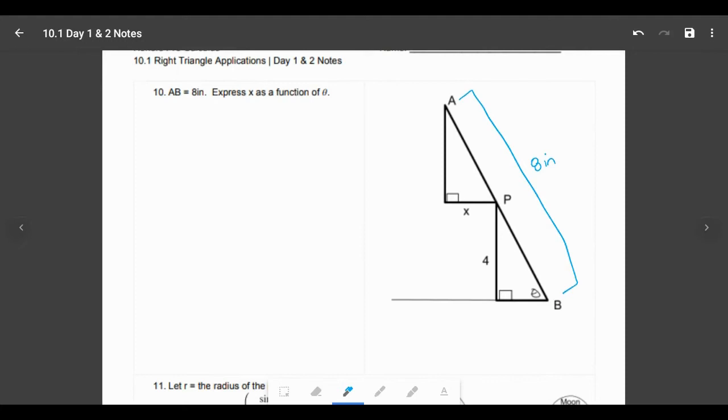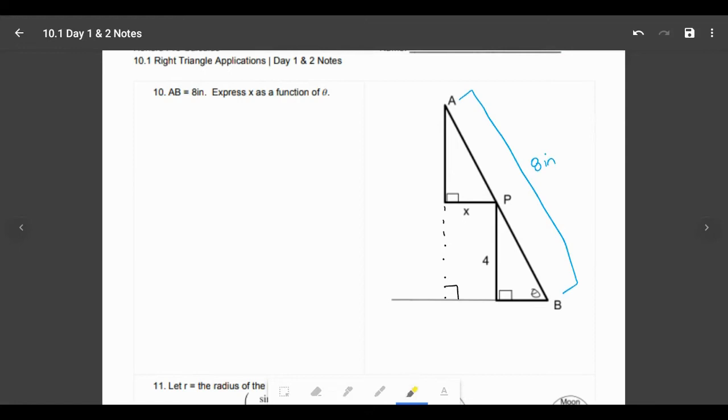Now, one of the first things that I would like to do is I would like to extend this segment here and create a larger triangle. And what I want you guys to remember from geometry is if we have two lines that are perpendicular to the same line, then those lines are parallel.